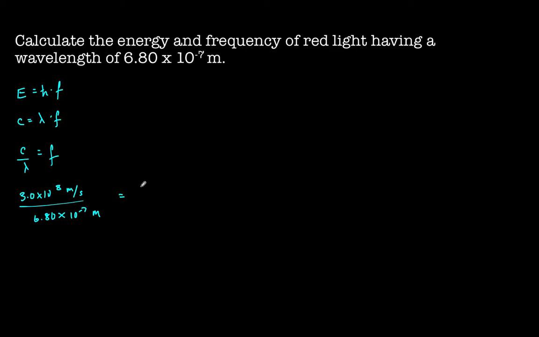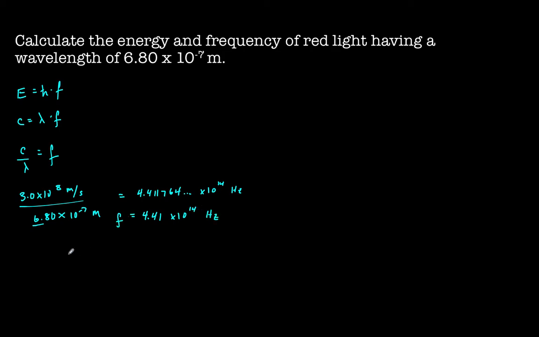I get a calculator value of 4.411764 times 10 to the 14th hertz, but I only need 3 sig figs here, so 1, 2, 3 should be 4.41 times 10 to the 14th hertz for my frequency.